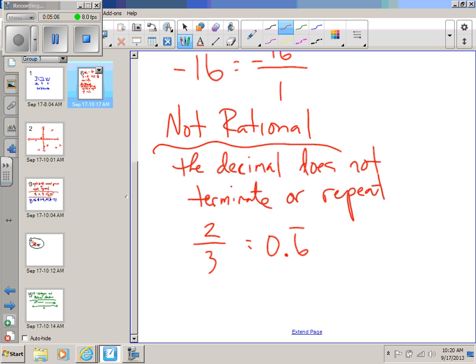It's a neat trick with that too, because if I were to put this back into fraction form, my 6 is in the tenths place, right? Well, 6/10 does not give you a repeating decimal.